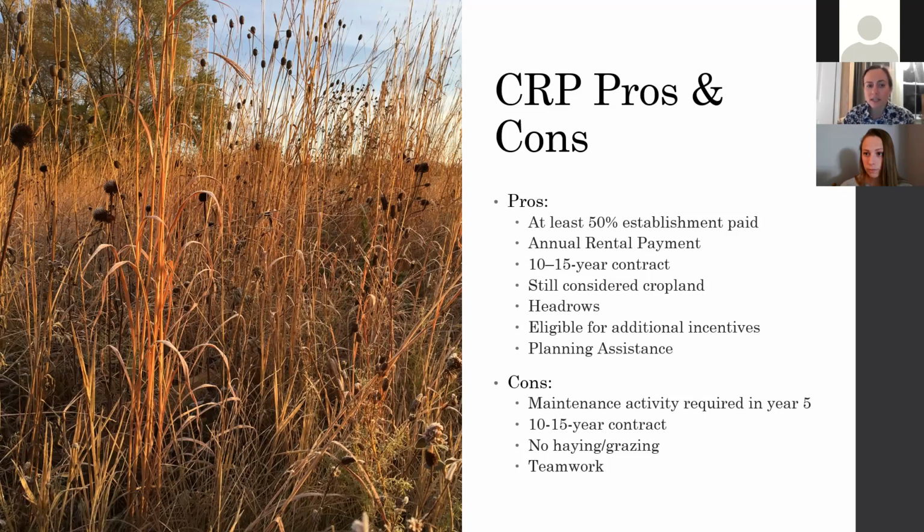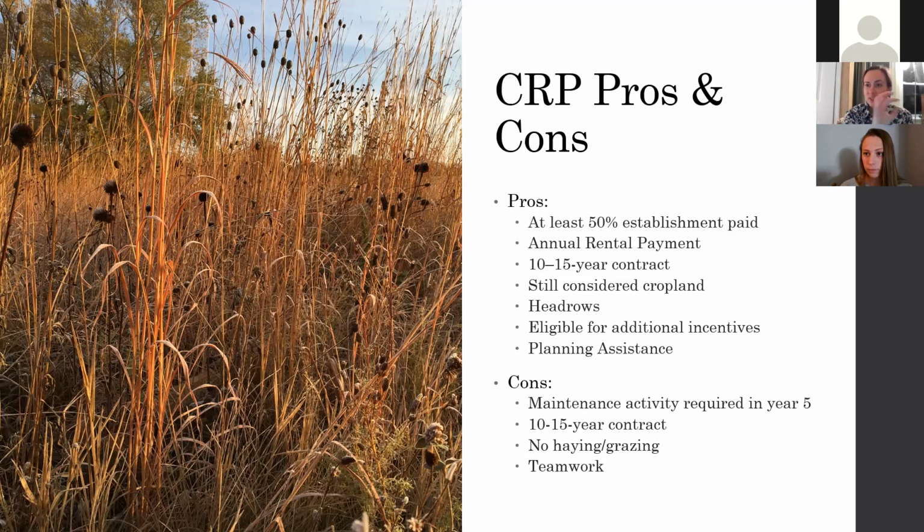Hedgerows. Sarah mentioned that often there can be an issue with compaction in the hedgerows because of the need to turn around equipment. And the cool thing about a lot of the CRP land cover types is that you're actually permitted to turn your equipment around in the CRP acres. Now you can't store equipment there, and you can't use it as a farm lane where you're regularly driving up and down the acres.